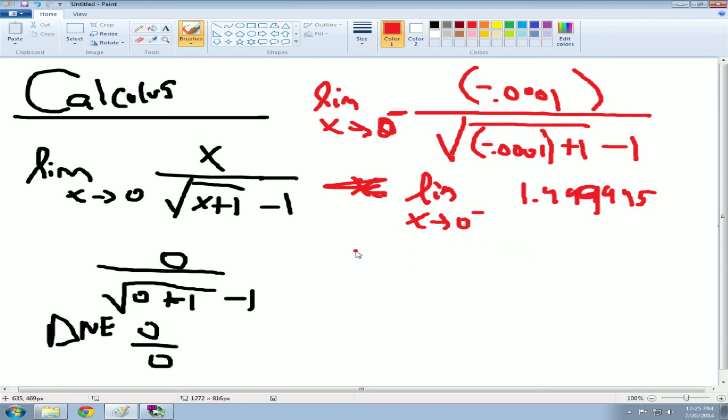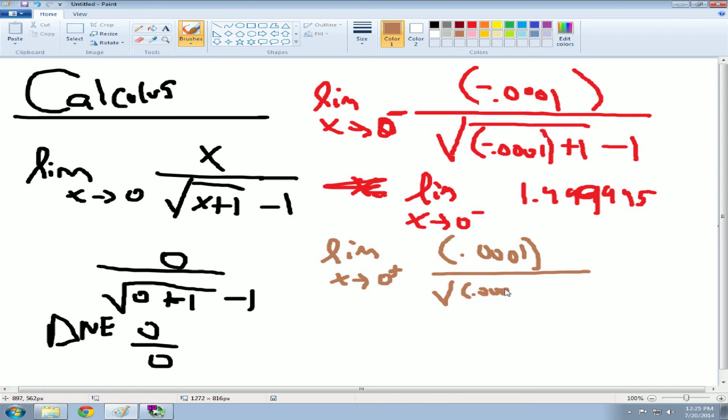Boom. Well, let's try the right side. Right? Approaches 0 on the right side. We're going to put in 0.0001 over square root of 0.0001 plus 1 minus 1. And you get about 2.00005.